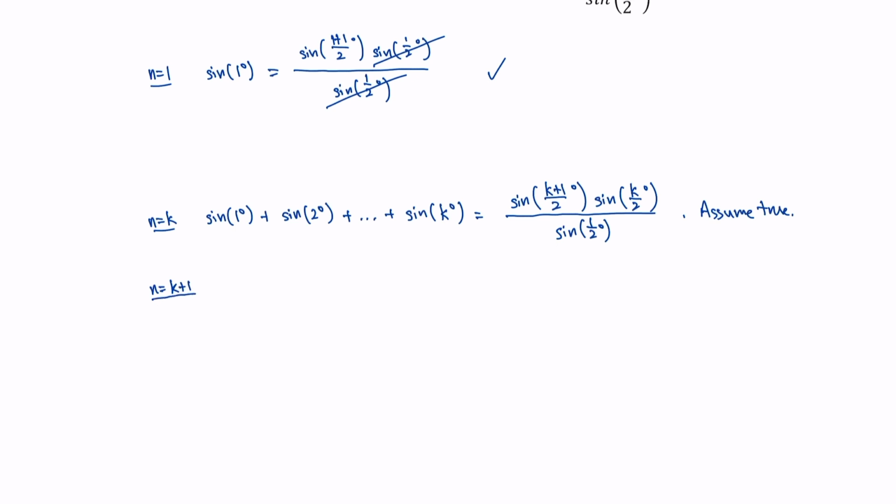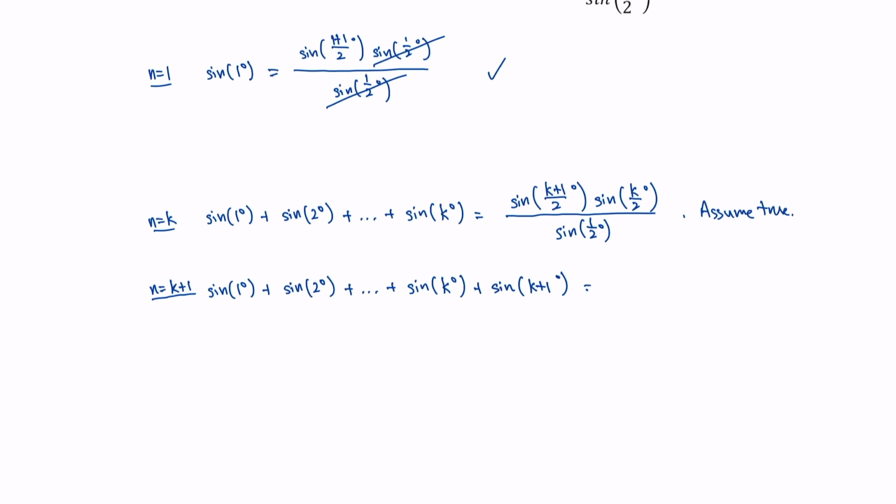Okay, so what is the k plus 1 case? I'm going to just copy this part here. So we want this, right? And adding on the additional term, this will be sine of k plus 1 degrees, right?